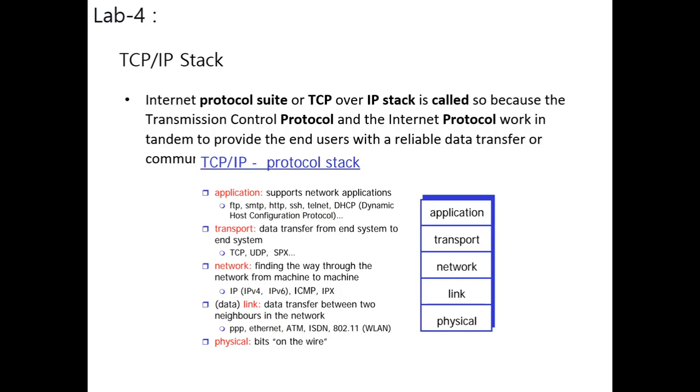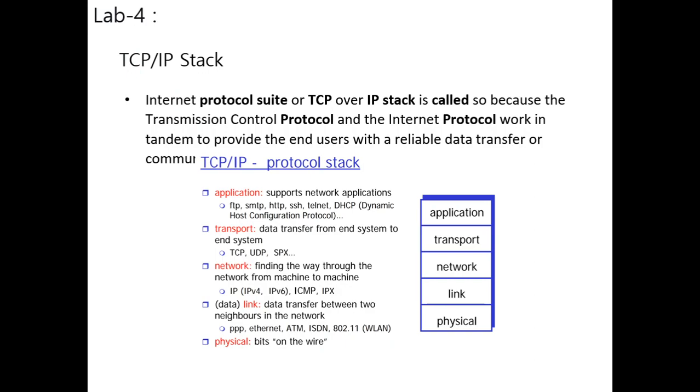The next thing was the TCP/IP stack, which is the Internet Protocol Suite, or TCP over IP stack. It is called so because TCP and Internet Protocol work in tandem to provide end users with reliable data transfer or communication. It consists of 5 layers. The first is the application layer, where we write our computer network apps.